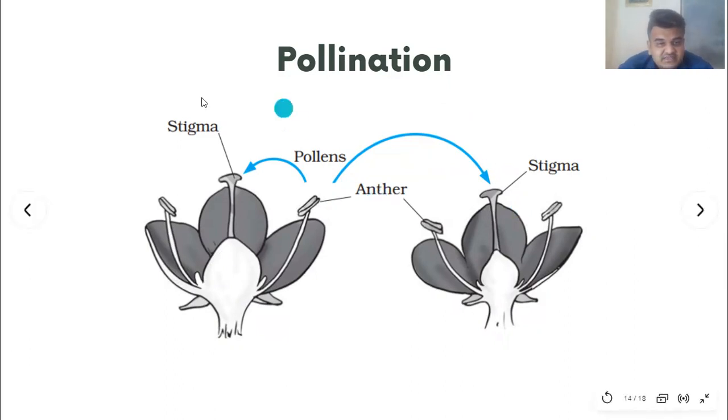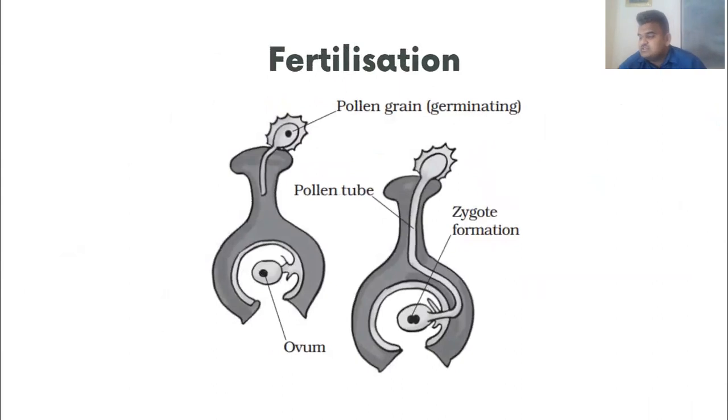Self pollination occurs because the pollen grains go from the anther to the stigma of its own plant, while in the other case it goes from the anther to another plant. You are given this definition also, on page number 138.